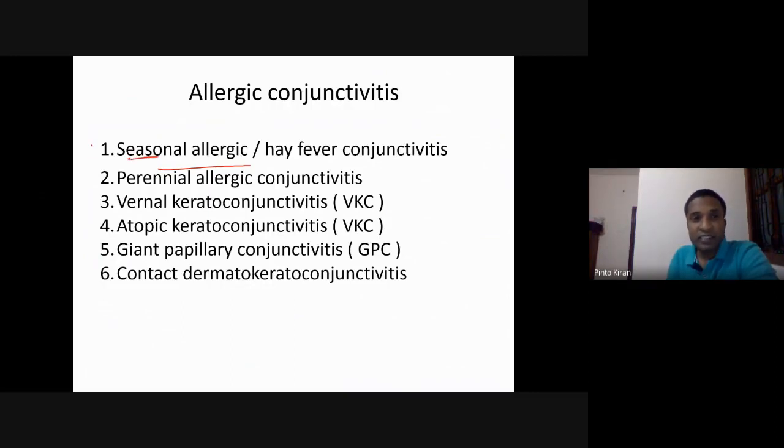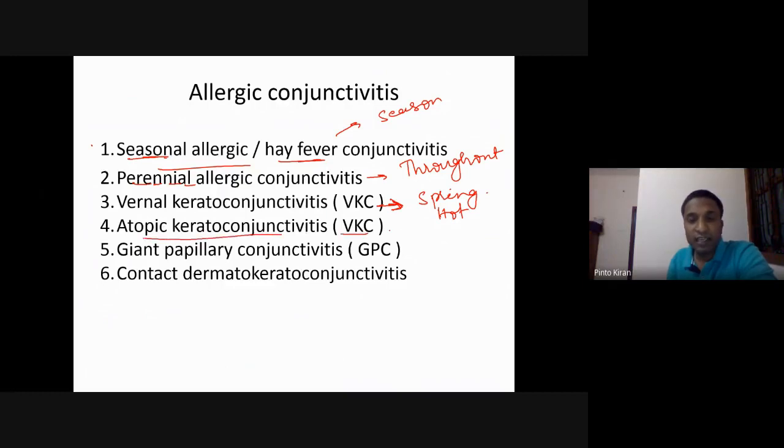Seasonal or hay fever conjunctivitis occurs only in certain seasons, not always. Perennial allergic conjunctivitis is present throughout the year. Vernal conjunctivitis is similar to these. It's also known as spring catarrh. Only in a hot summer, you'll find this. Atopic conjunctivitis is again similar to VKC.